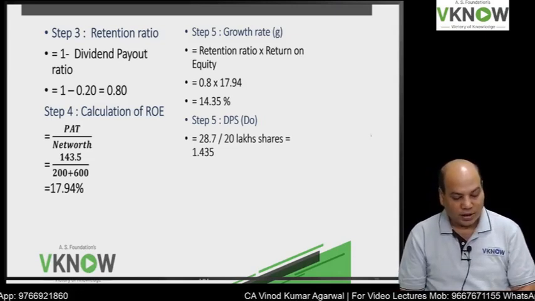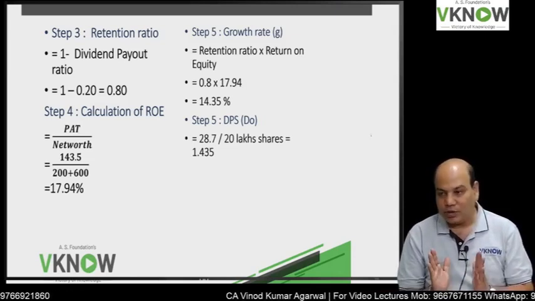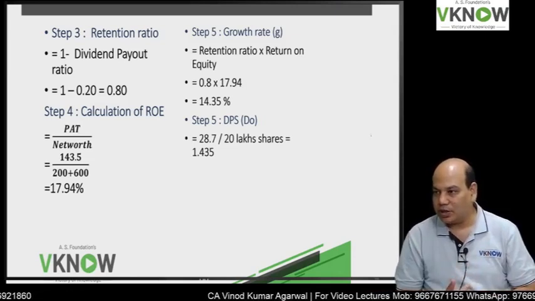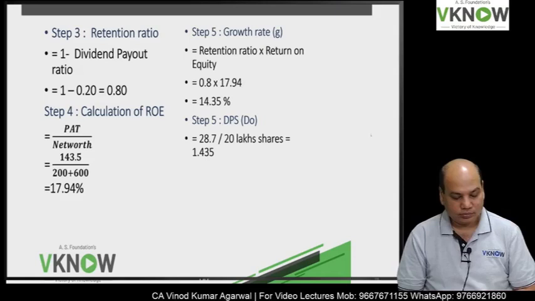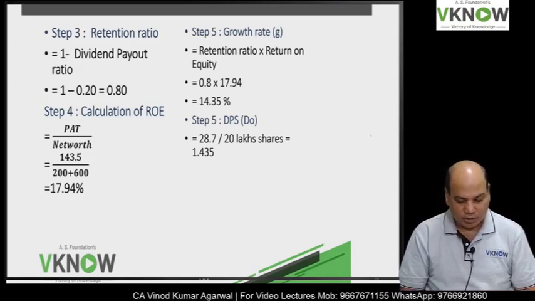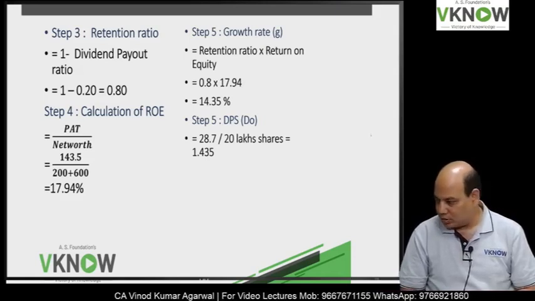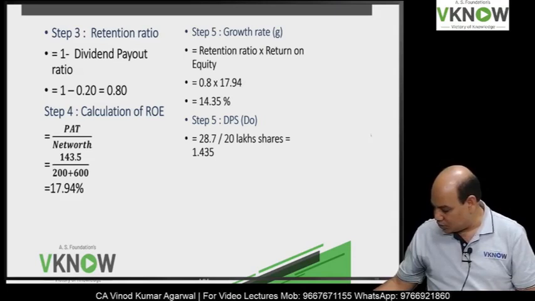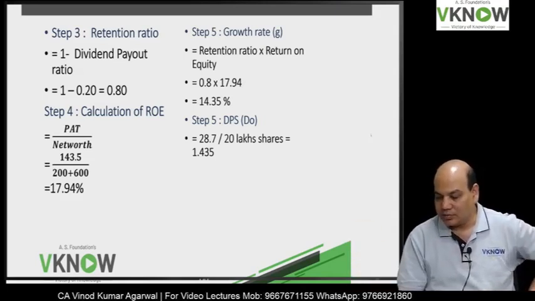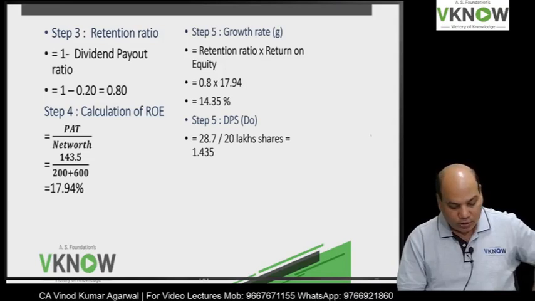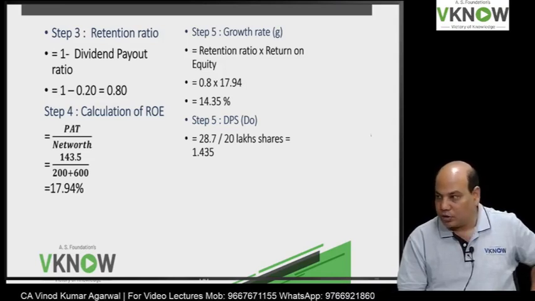You will find in the second last line of income statement, dividend paid was 28.70 lakh, correct? And number of shares in the question, 20 lakh. So please tell me, my dear student, what is dividend per share given by the company in the current year? Dividend per share is 1.435.